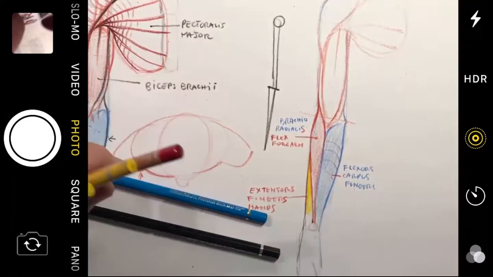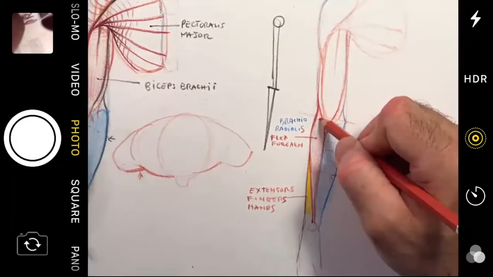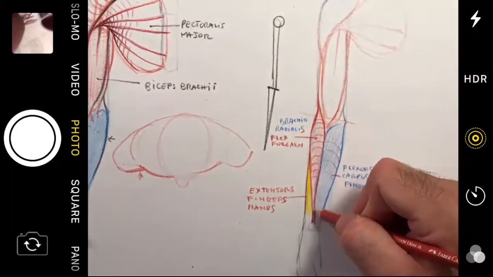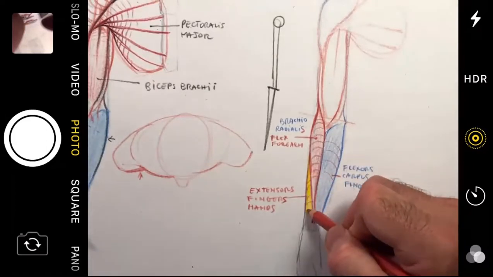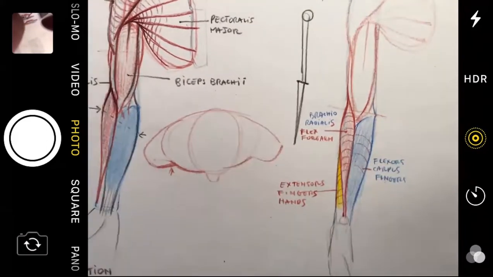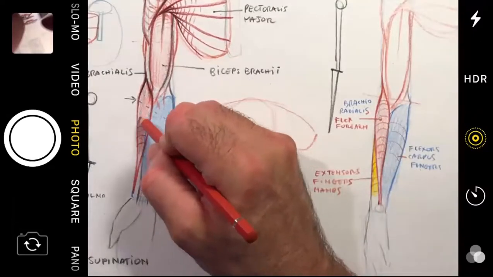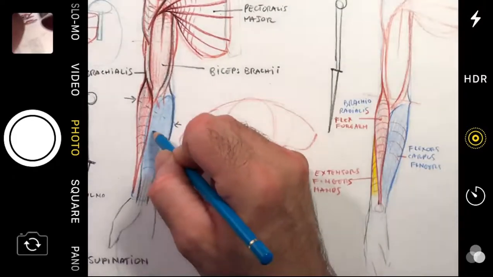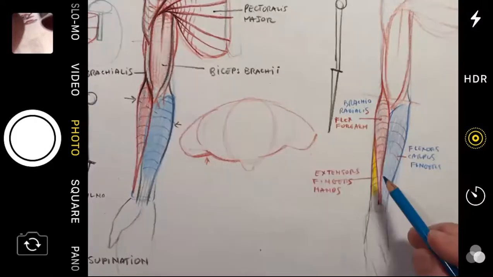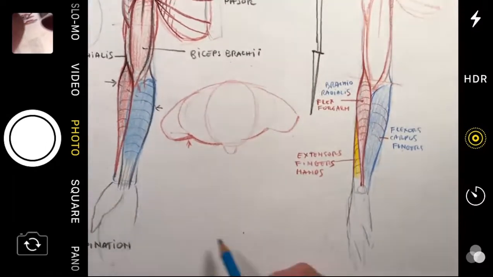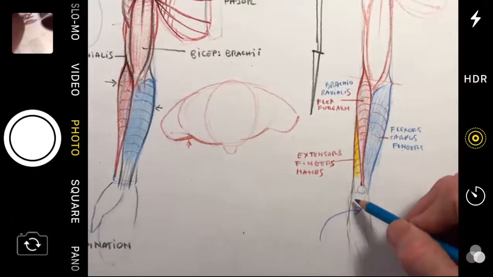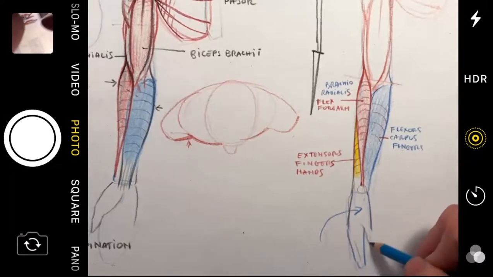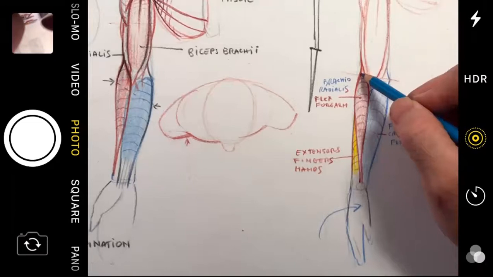Make sense, right? And now you see how here these two groups are running parallel. But in this case, as the hand goes towards supination, pronation, then the muscle follows the wrist.